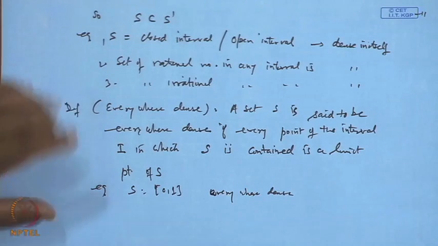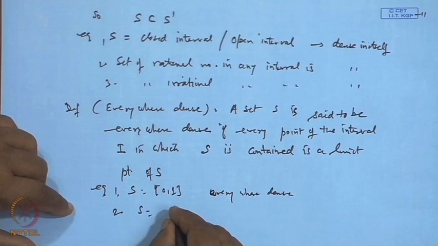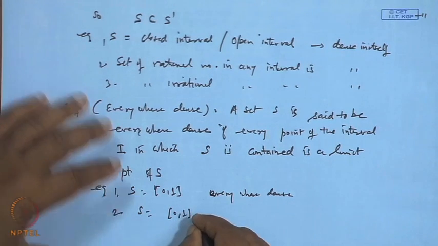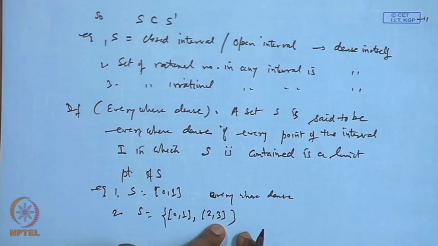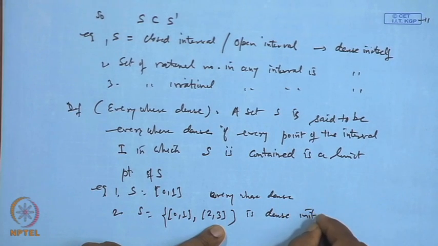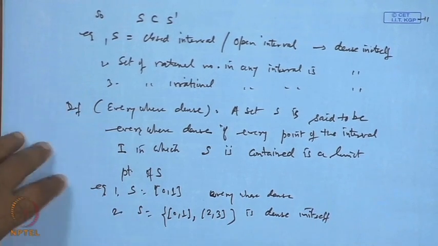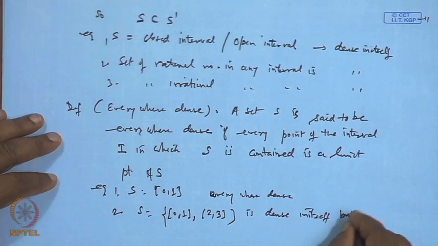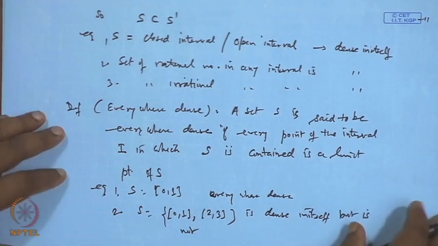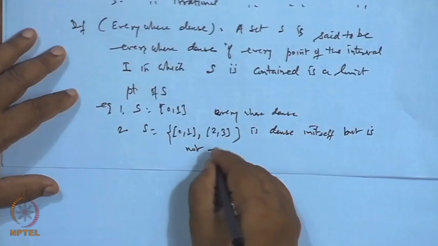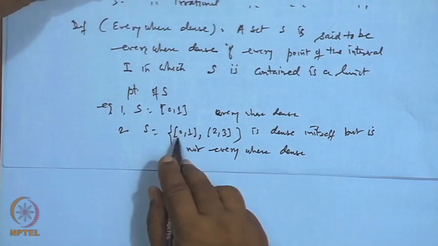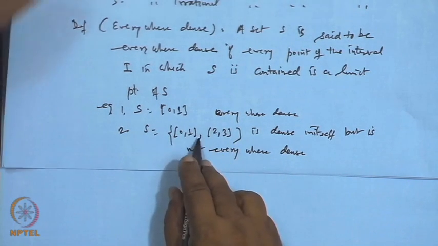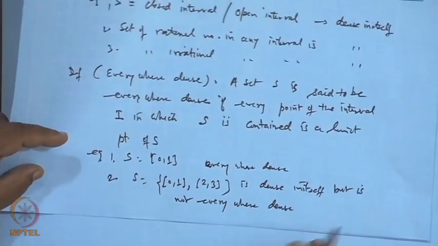But if we take the set S as the union of the intervals 0 1 and 2 3, the collection of all points in these, then this is dense in itself, because dense in itself means every point of this is a limit point, but it is not everywhere dense. Why is it not an everywhere dense set? Because the interval 0 3 contains points between 1 and 2 which are not in S. So, not every point is a limit point.